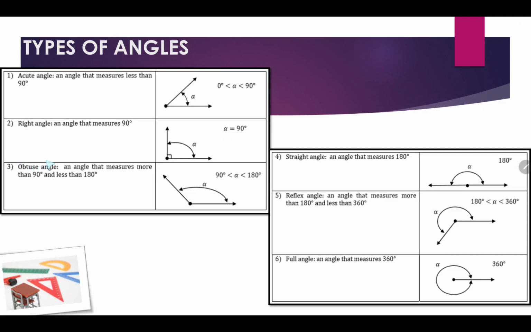The third is the obtuse angle, which measures between 90 and 180. Then the straight angle, which measures 180. The reflex angle is between 180 and 360. And the last is the full angle, which measures 360 degrees.